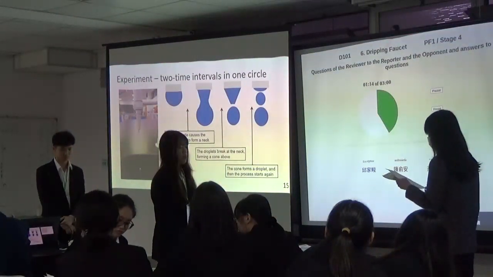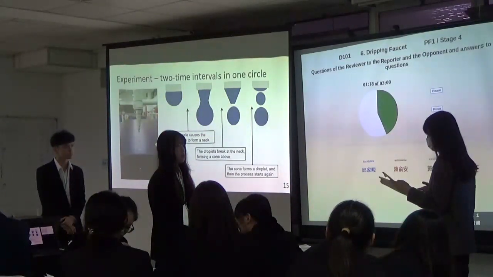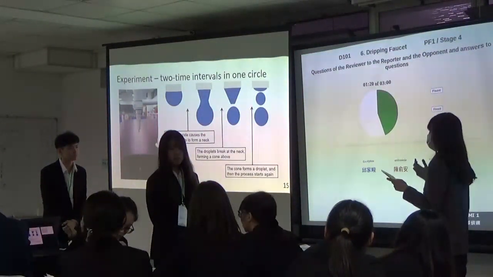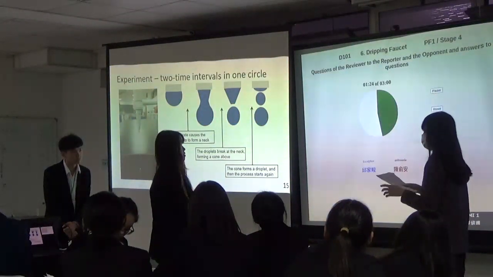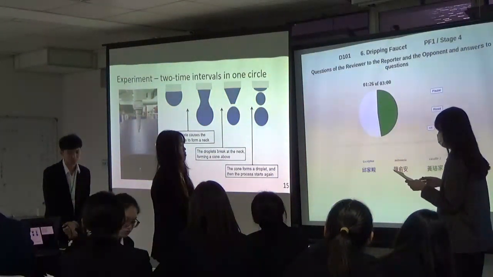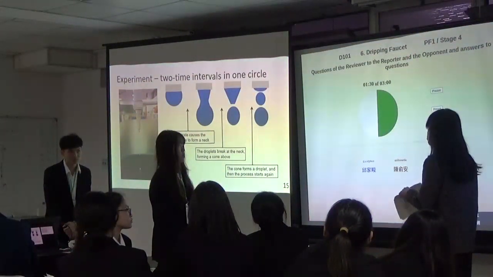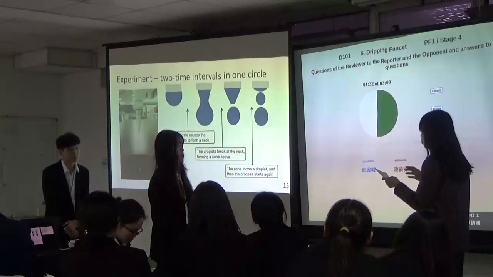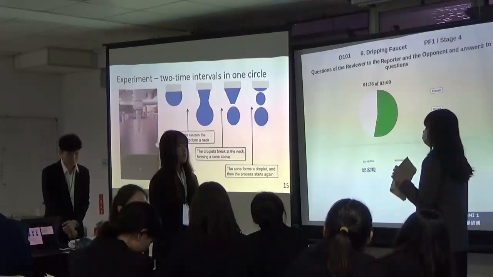So I want to ask the second question to the reporter. You mentioned that the droplet will stretch, and when the light sensor reflects back the light, which part of the droplet is reflected back?